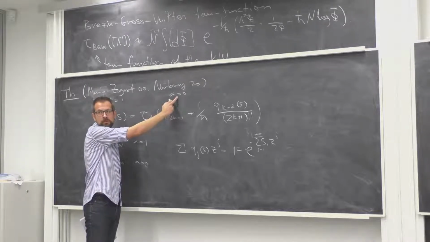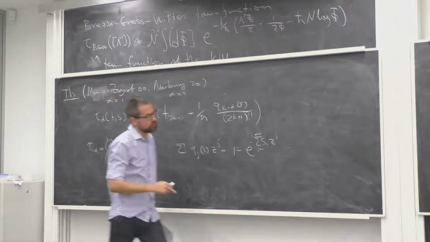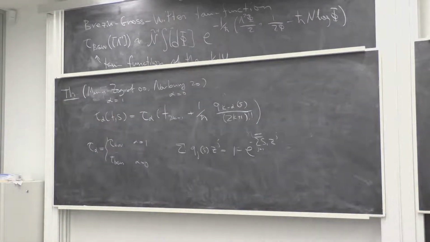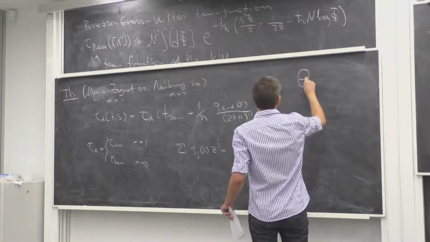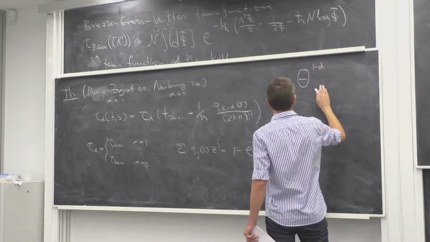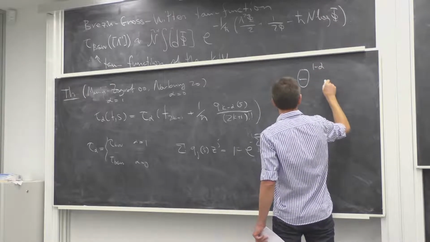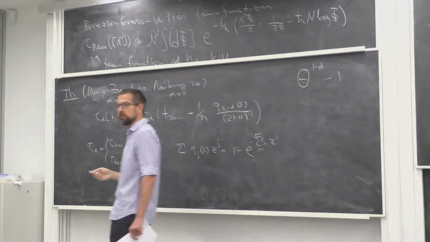For alpha equal to 1, there is no contribution of theta class. We have theta class to the power of 1 minus alpha, so for alpha equal to 1, it's just 1.